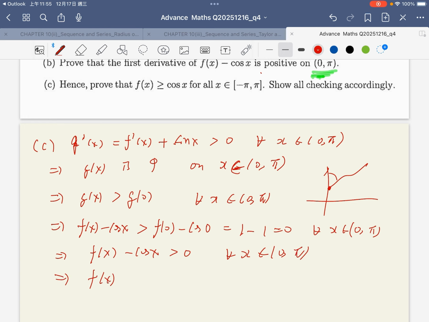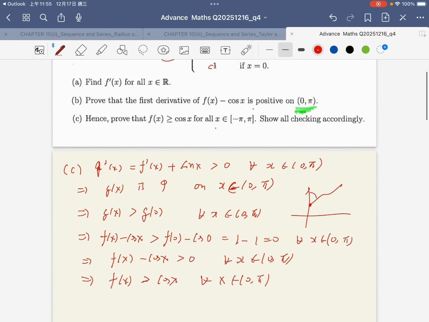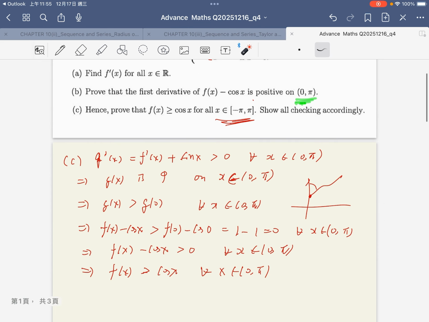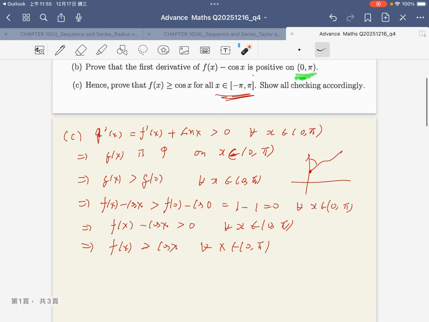That we prove f(x) is greater than cosine x for x belong to (0, pi). But the question requires to prove x belongs to negative pi to pi. That is all positive or greater than or equal to 0.